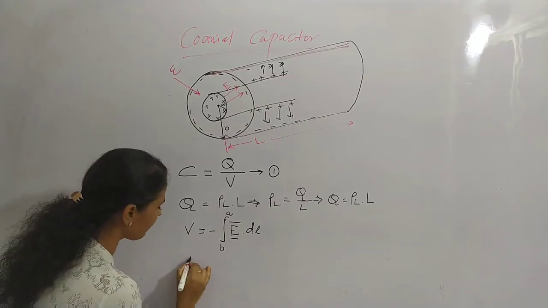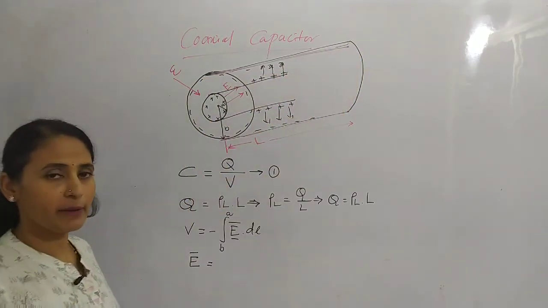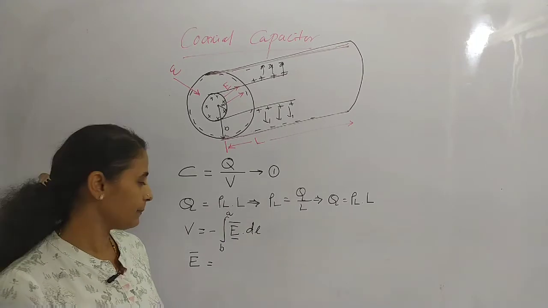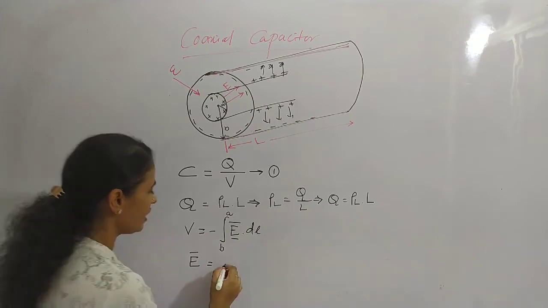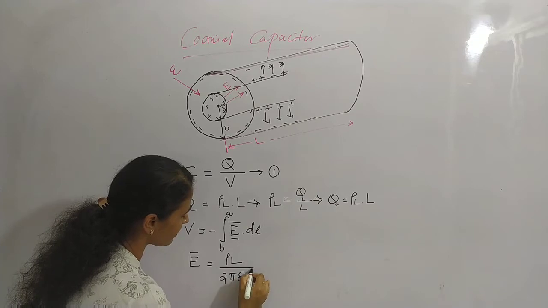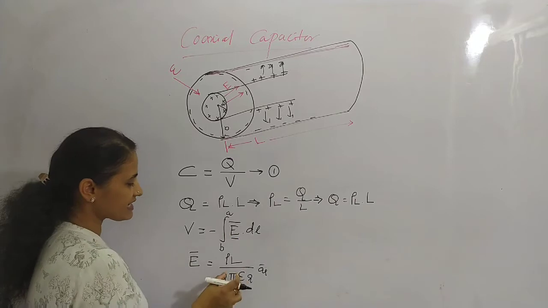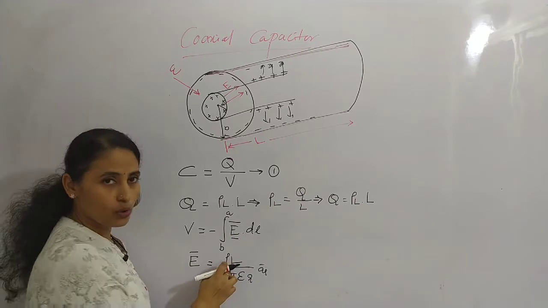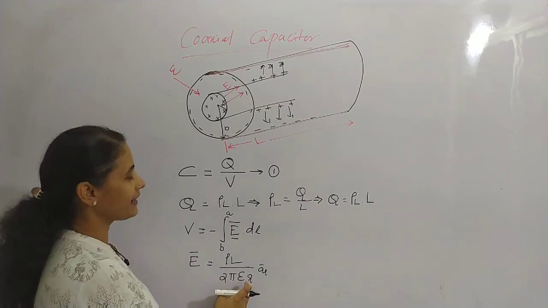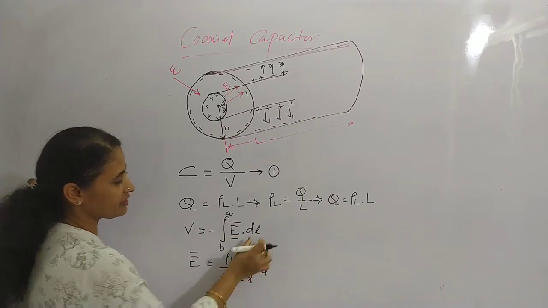So what is the electric field for an infinite line charge? In lecture number 3 we derived the equation for the electric field of an infinite line charge, which is given by rho L by 2 pi epsilon r into a_r. So E is given by rho L, the line charge density, by 2 pi epsilon R, where R is the radius, into a_r, which is to be dotted with dl.